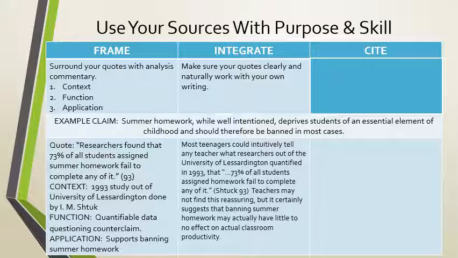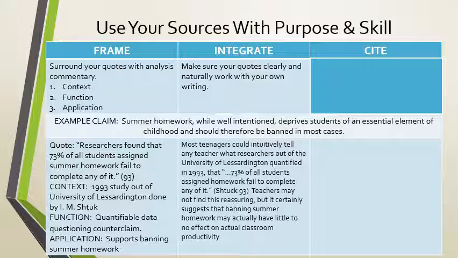All right, sorry for that little brain moment that I'm having, but it says quantified in 1993, right? So the function of the quantifiable data, and then the application has its own sentence there down at the end.